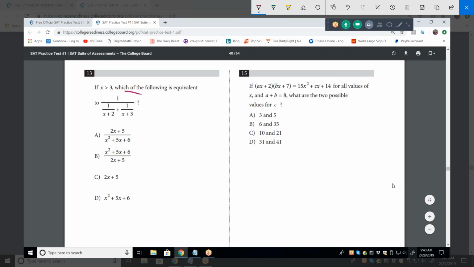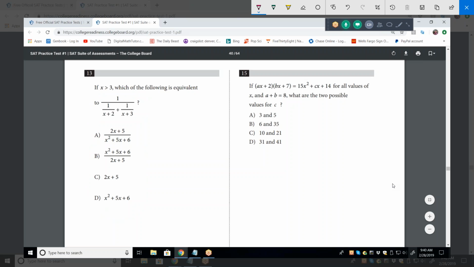When you see a variable in the stem and every answer has that variable in it, that means you can pick whatever you want and solve the problem.